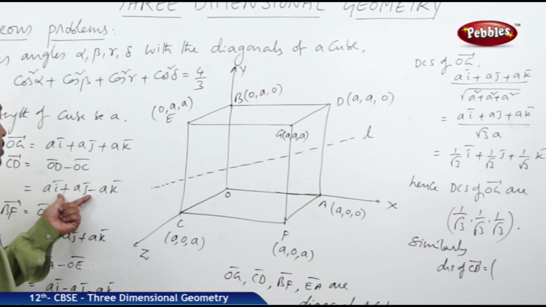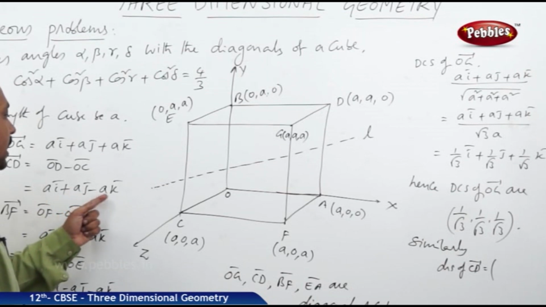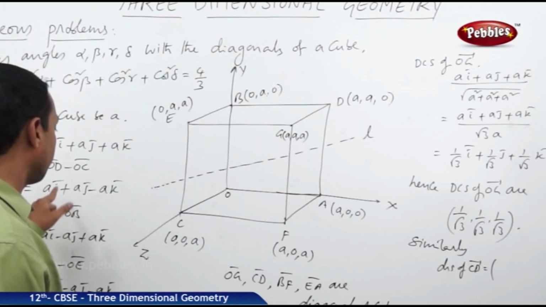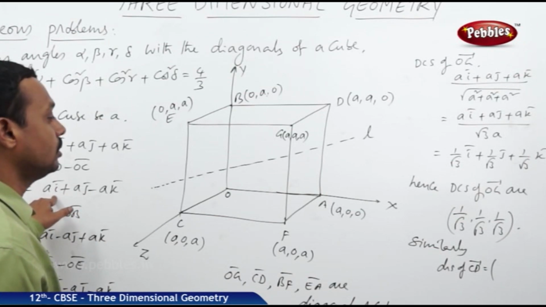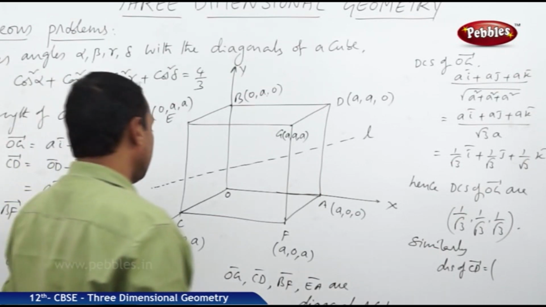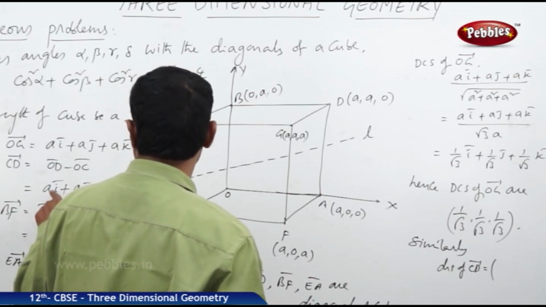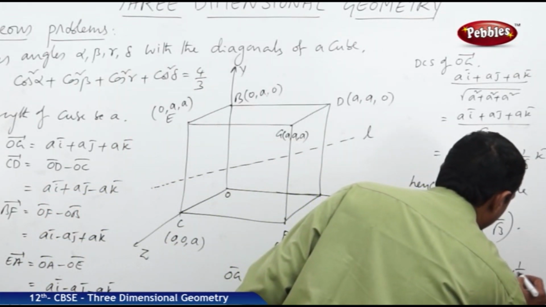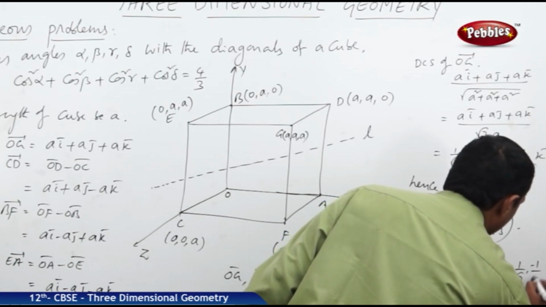On simplification, we get I plus J minus K by root 3. So from that vector notation, the direction cosines of the vector are 1 by root 3, 1 by root 3, minus 1 by root 3.